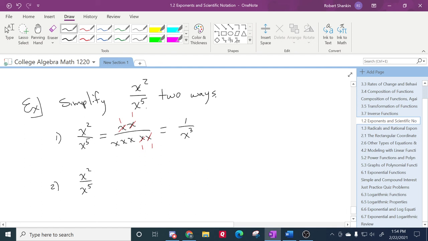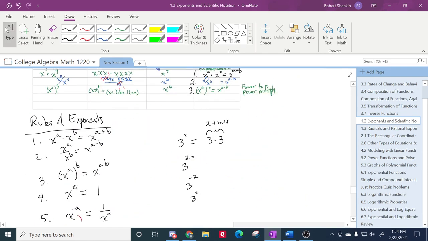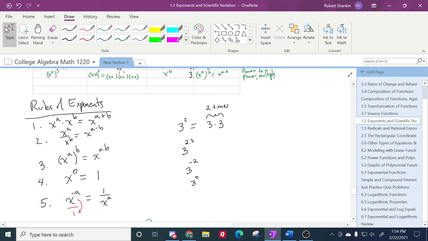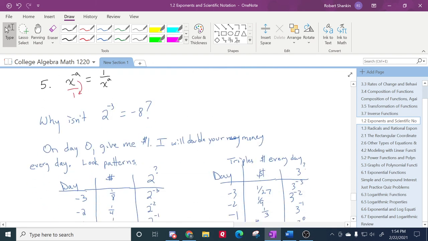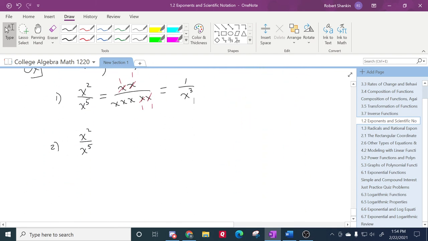The second way to do x squared over x to the 5th is to use directly one of these rules. Which rule would I use for x squared over x to the 5th? Well, that's rule 2, because when you're dividing and the bases are the same. So we're going to use rule 2 precisely. Now, what does rule 2 say we have to do?